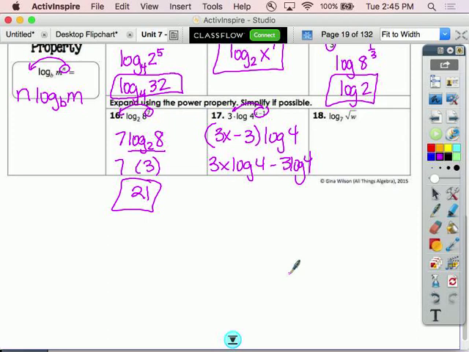What now? I heard somebody say something. Well, you have x minus 1, so that's 3x minus 3. So this is a minus. So then I just distributed 3x to log 4. Right, so I have negative 3. Yeah, I'm just distributing.